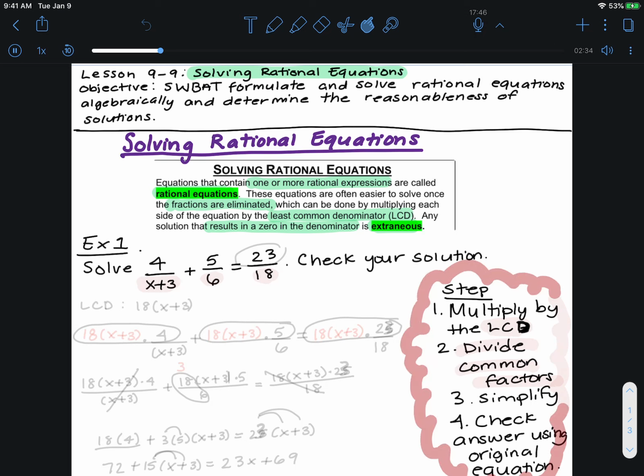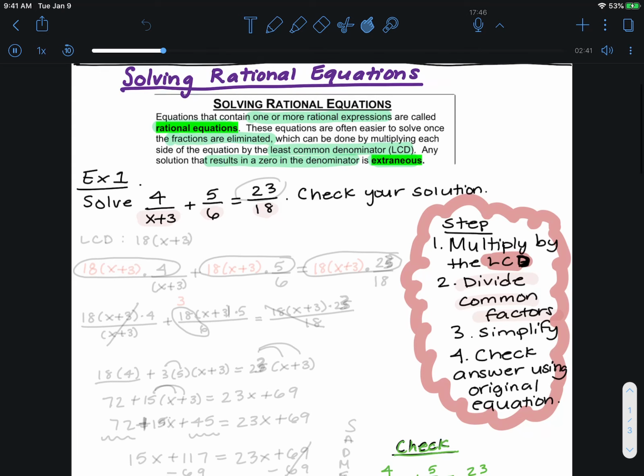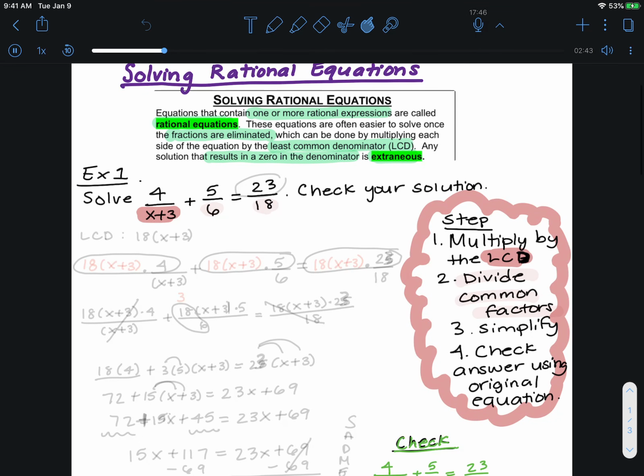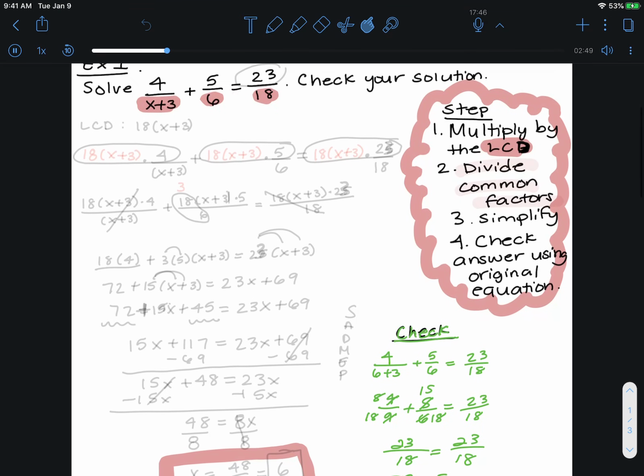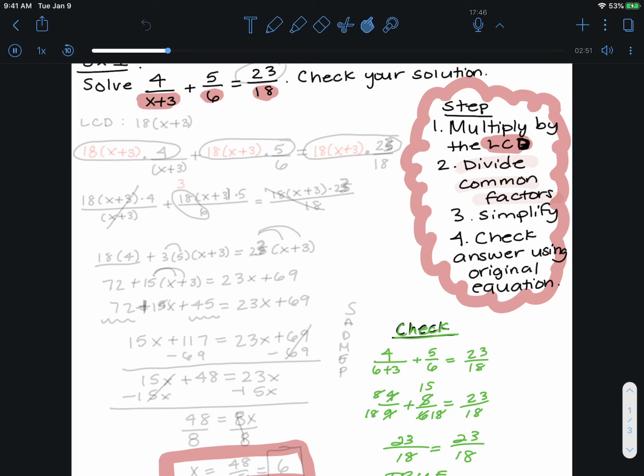So now let's start the problem. We want to start with the least common denominator. Here I see an x plus 3, which I don't have anywhere else, and I do see a 6 and an 18. So my least common denominator is going to be 18 times x plus 3, because the 6 can be multiplied to become 18, or you can divide 18 by 6.